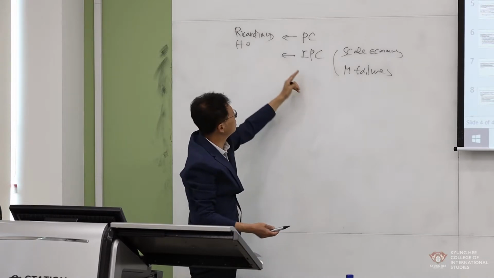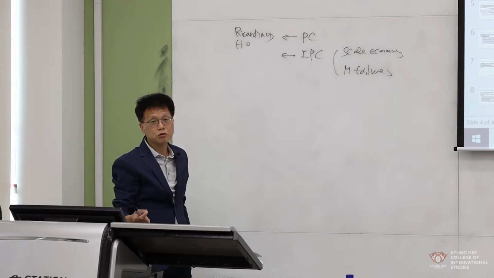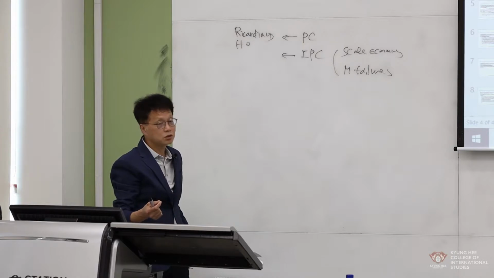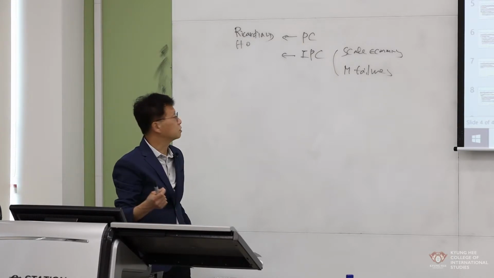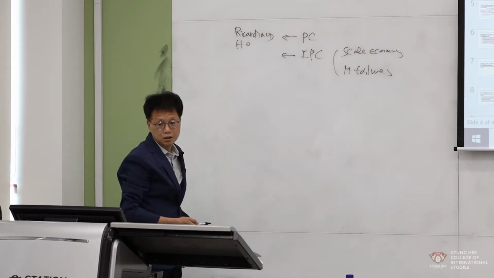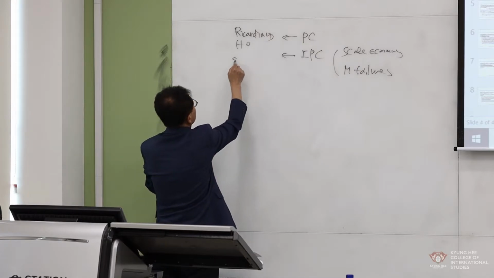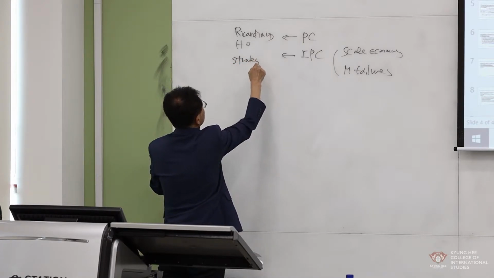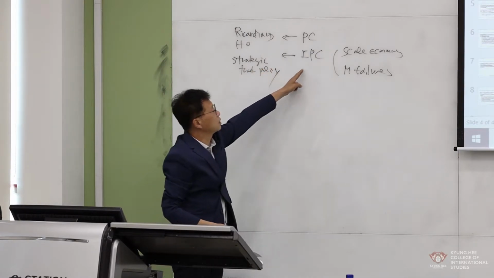In these areas, the author of this book, Paul Krugman, contributed a lot, and because of this contribution, he received the Nobel Prize. Simply speaking, that is strategic trade policy. Strategic trade policy has meaning when the market is not perfect.